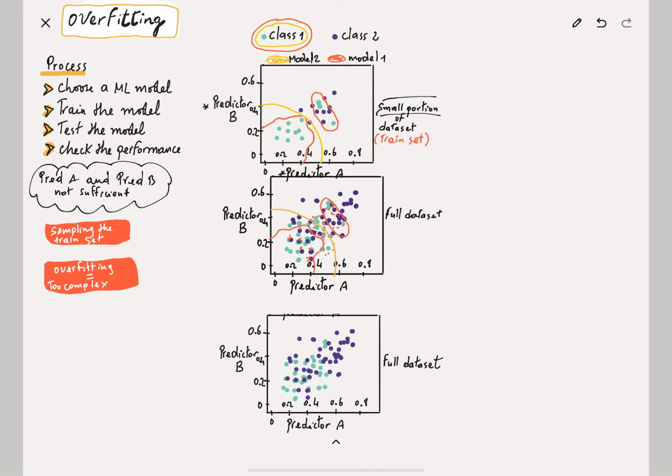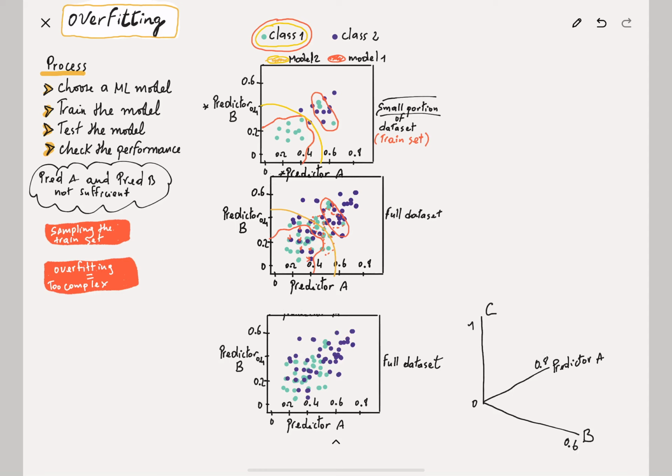And how is that going to look? So let's say we're going to 3 dimensions now. We have predictor A, B, and let's now bring in a predictor C. Predictor C is also going to go from 0 to, I don't know, let's say 1. This one goes from 0 to 0.6. This one goes from 0 to 0.8, right?